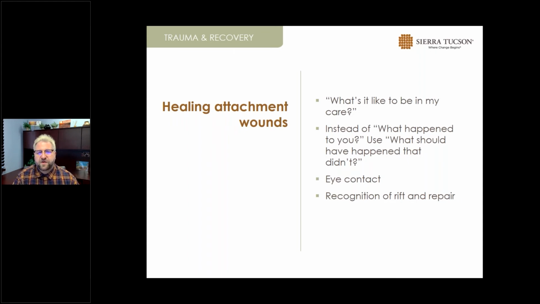And then the other piece of attachment work is recognition of rift and repair. Basically what this means is that in any type of attachment relationship, especially in therapy, there are going to be rifts in the relationship, whether it's the client gets upset with you about something, or perhaps there's some anger that comes up, and it might not be about something you did or something you said, but to be able to be there with them through that rift and be able to be present for repair.